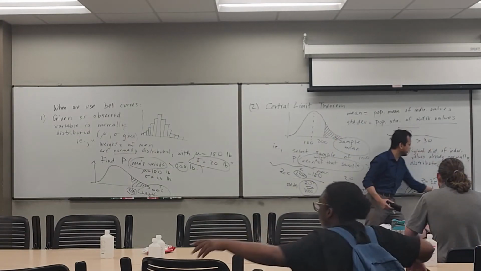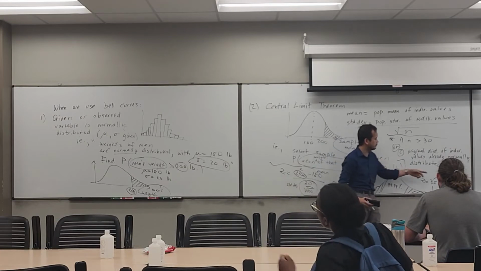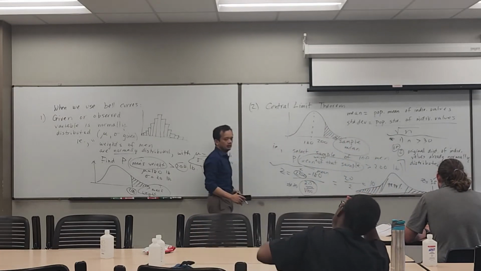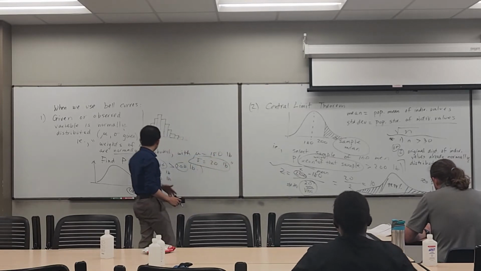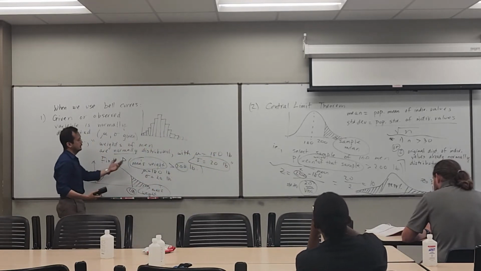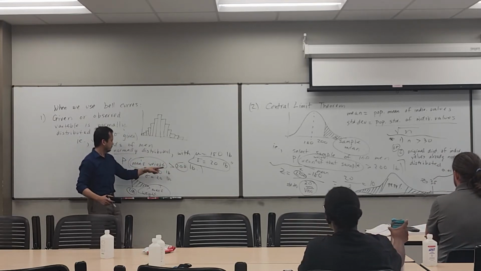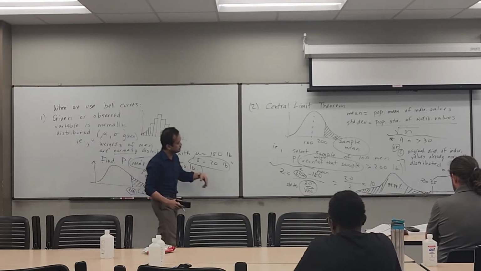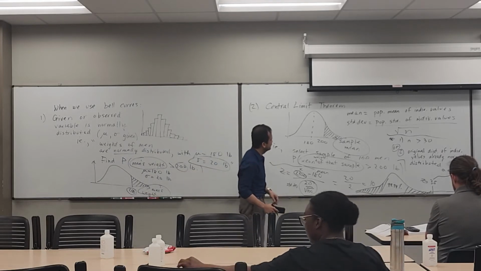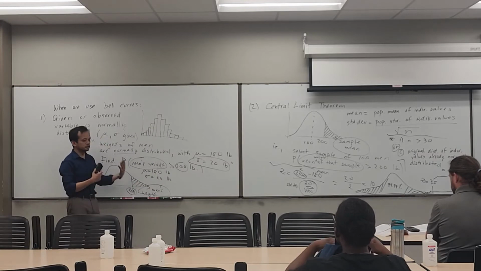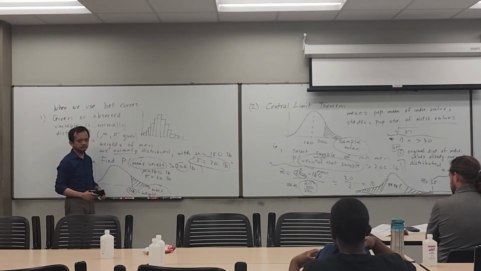It's a probability of even less than 0.01%. And we contrast that with the probability of one man weighing more than 200 pounds. And we said that that was 15.87%. And that was not a negligible number compared to the other two.